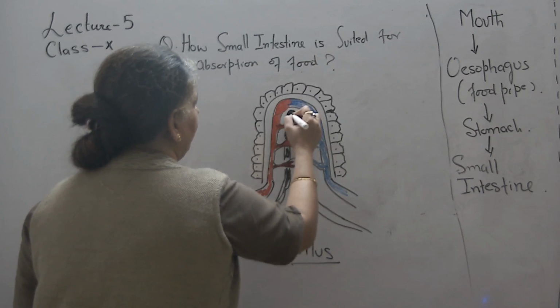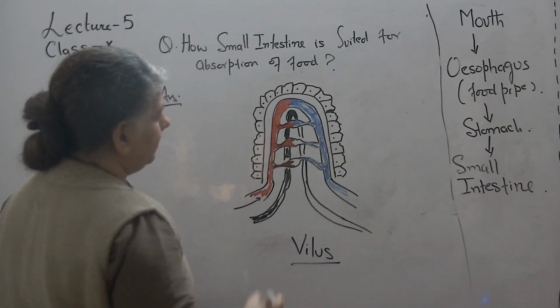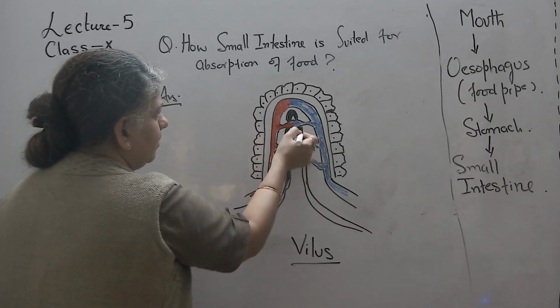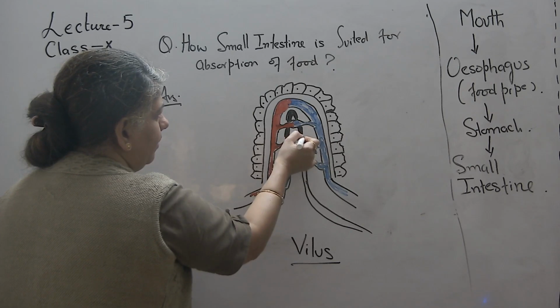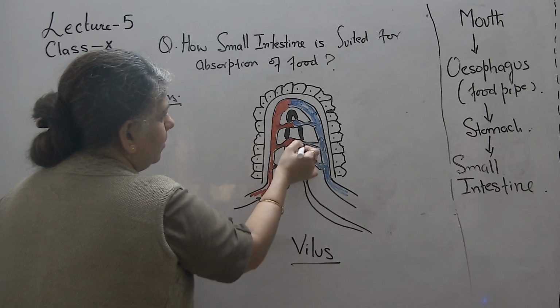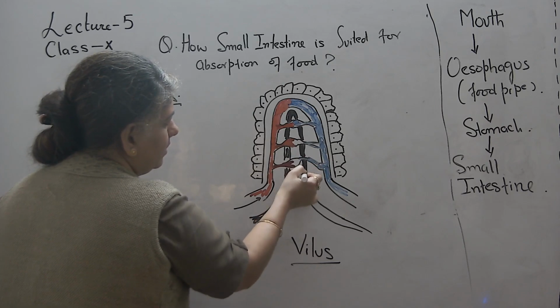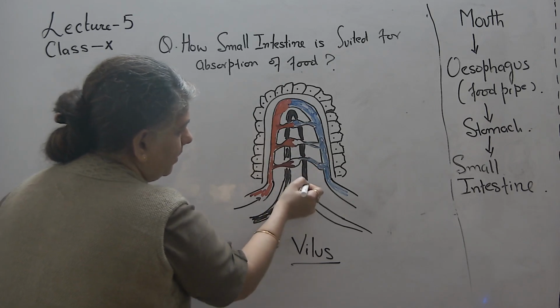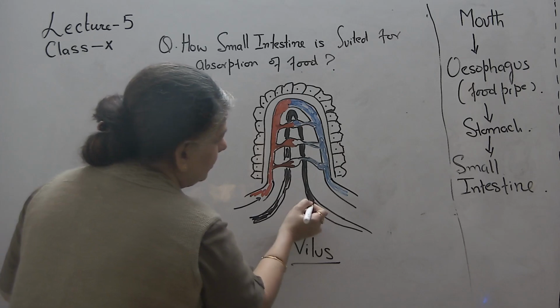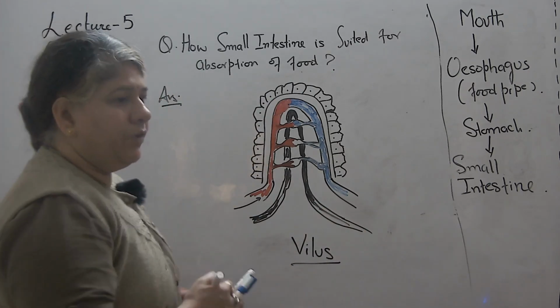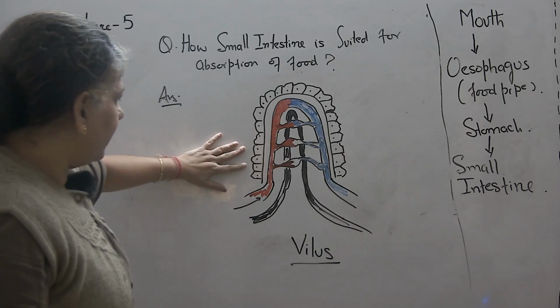It is a way of showing that it is running behind, or a 3D figure can be shown like this in 2D projection. Okay. So the villus looks somewhat like this.